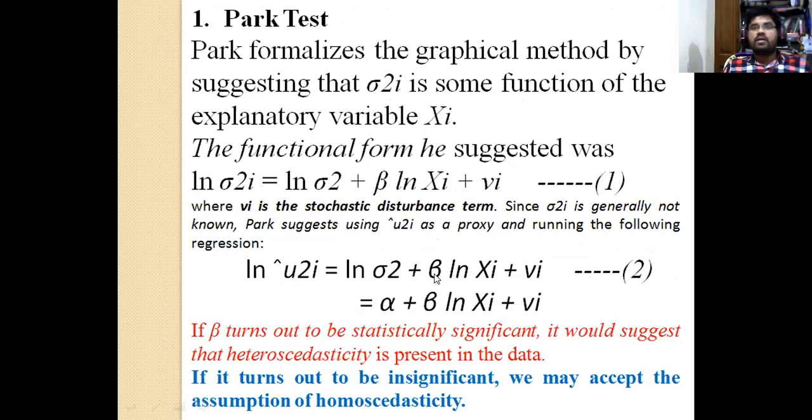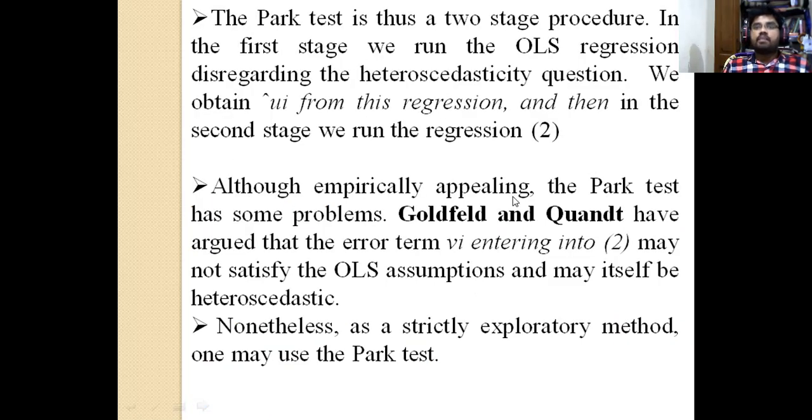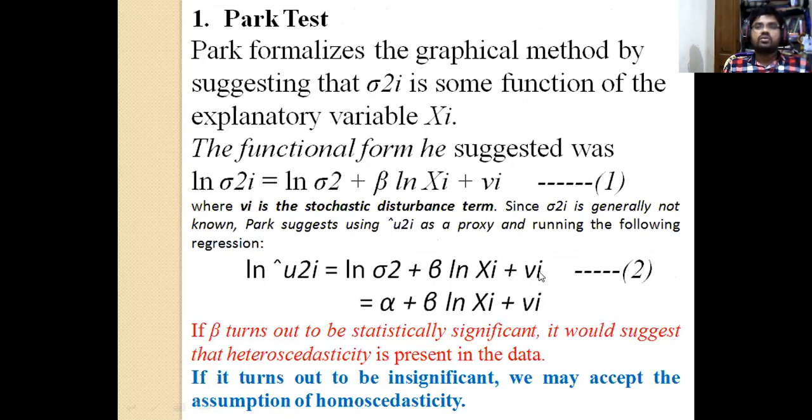Although empirically appealing, the Park test has some problems. Each and every test has some problem. Goldfeld and Quandt have argued that the error term vi entering into the second equation may itself be heteroscedastic. As I told you, here also the variance of the error term depends on another random variable, or another error term.